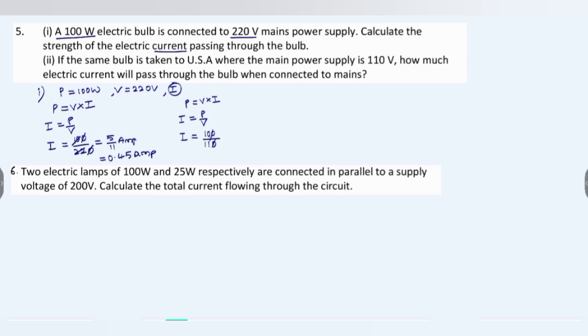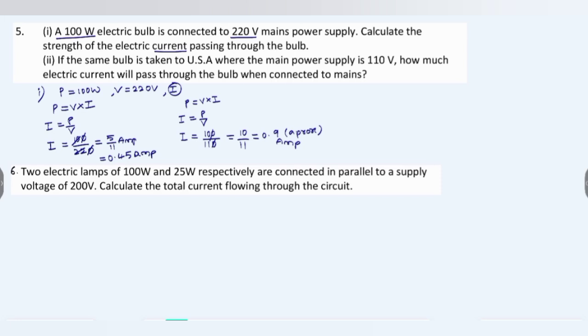So it will become 0, 0 cancel. It is 10 by 11. After cancellation, if you change that into decimal form, 0 point, 9, 99, 1 will be left, 10 we cannot, so approximately 0.9 amperes. Hope you understood this problem also.